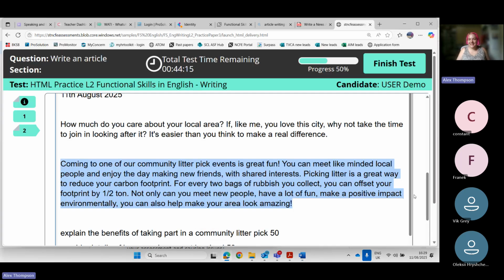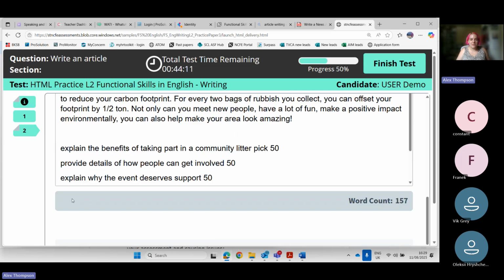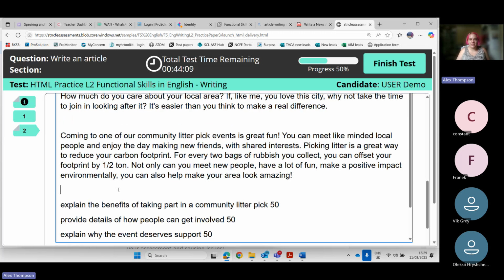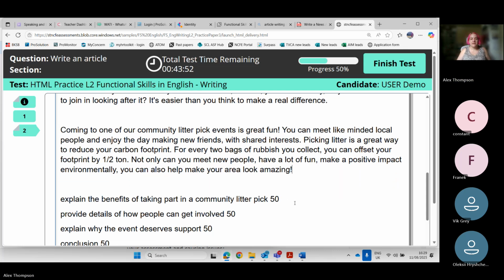I know the exam system does count the words as we go along, but sometimes I think it can be really helpful to just have a look at the size of the pieces of text that we're writing. These are not massive. This is only 2 lines long. This is only like 5 or 6. So the whole piece is going to be maybe 30 lines long-ish. So we have explained the benefits.